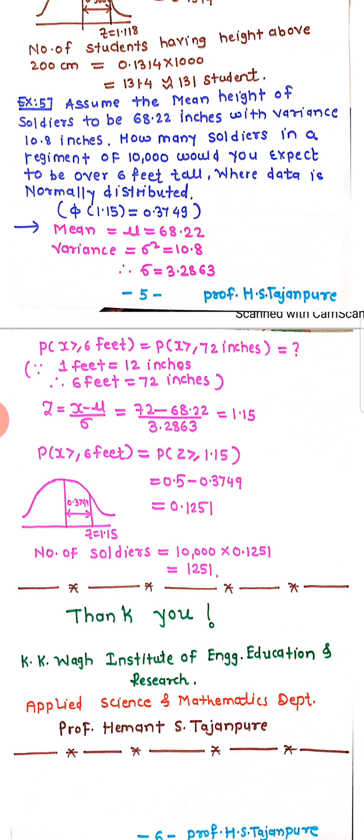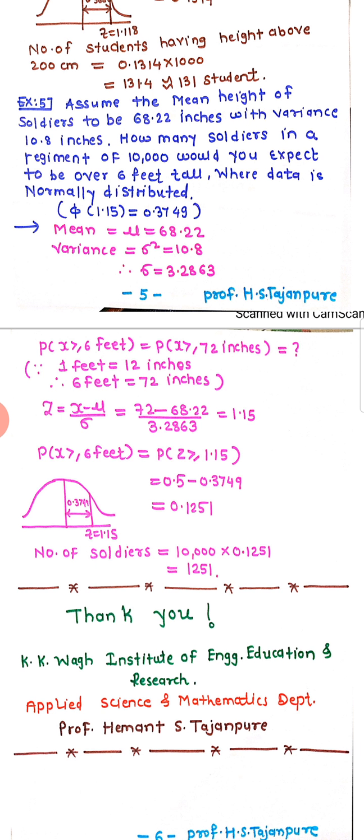Means we require to find out the area which lies above 1.15. Again the total area is 1, half of the area is 0.5. So out of this, the area from z equal to 0 to z equal to 1.15 is given, which is 0.3749. So we'll subtract that area from 0.5.